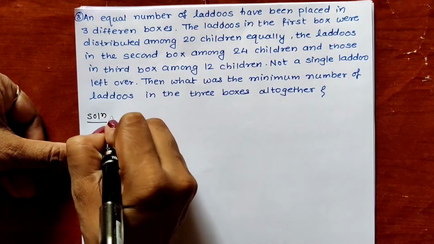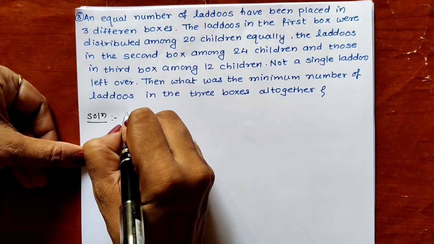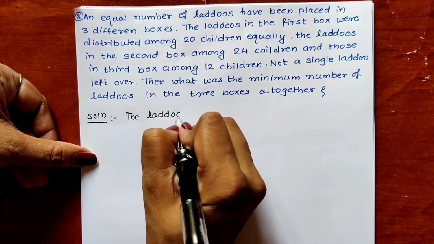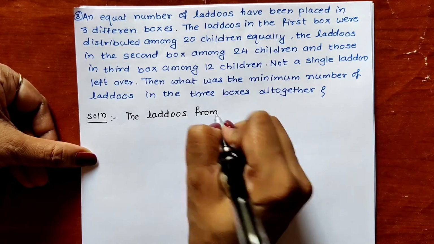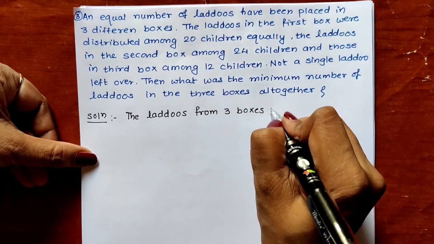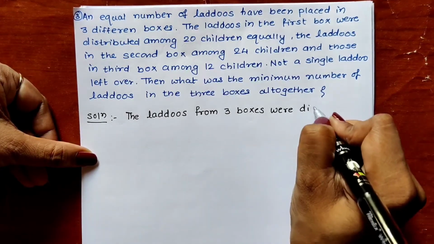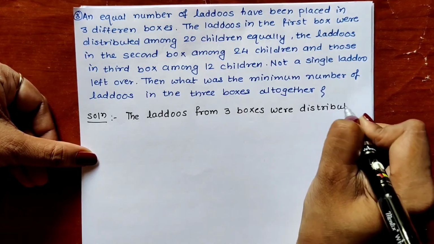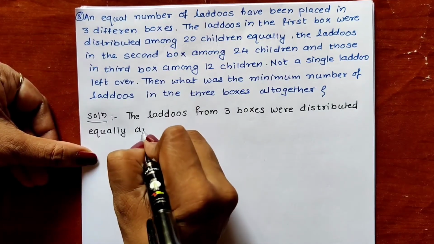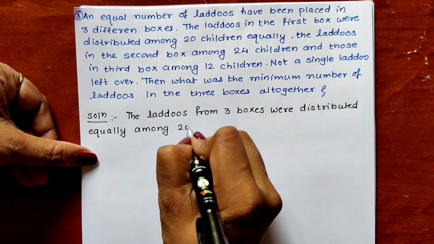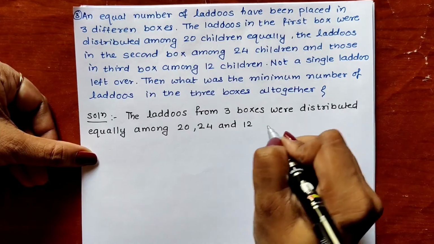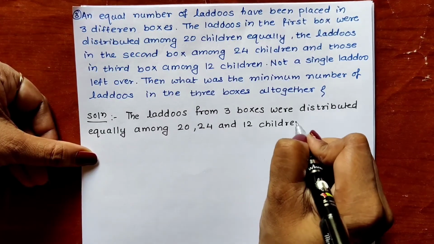What should be written in the statement? The laddus from 3 boxes were distributed equally among 20, 24 and 12 children respectively.